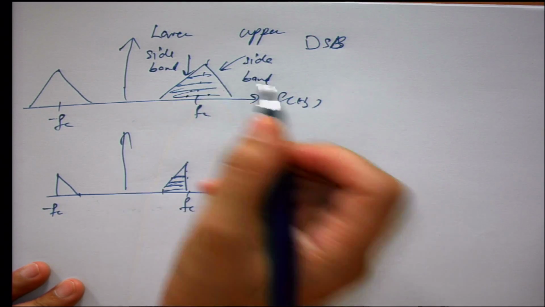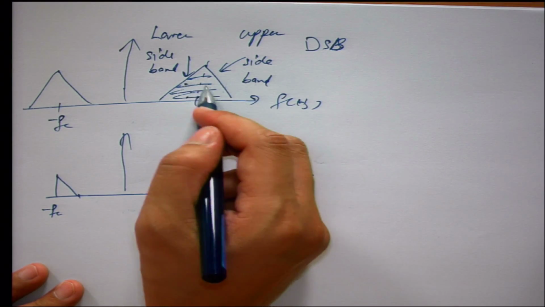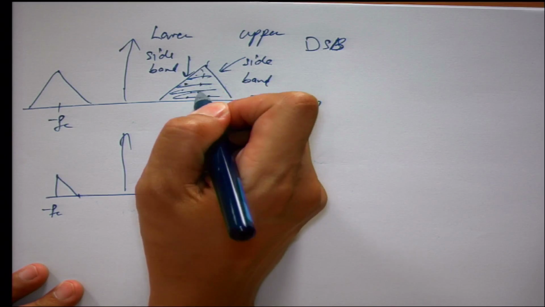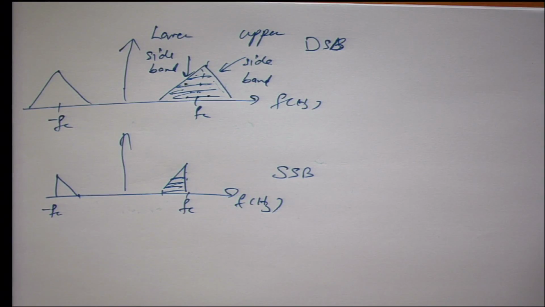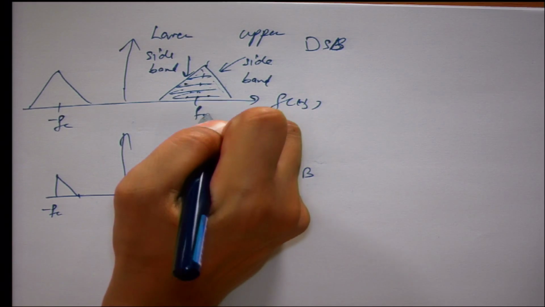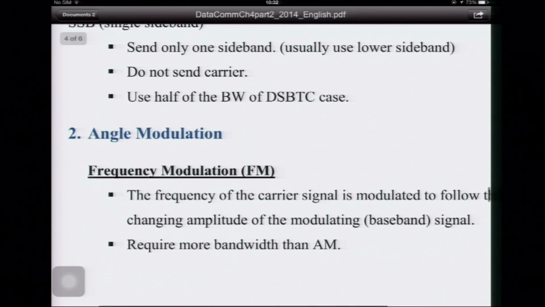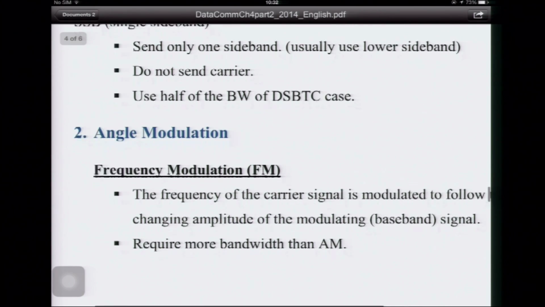The lower and the upper sideband are mirrors of each other. So if you know one of these, you can just flip it as a mirror and get the other side. It will look the same. It's symmetric at FC for a real signal. So if you send SSB, you will save bandwidth.